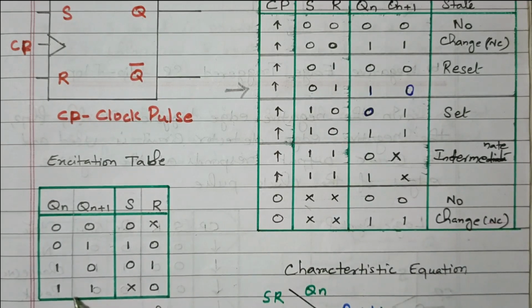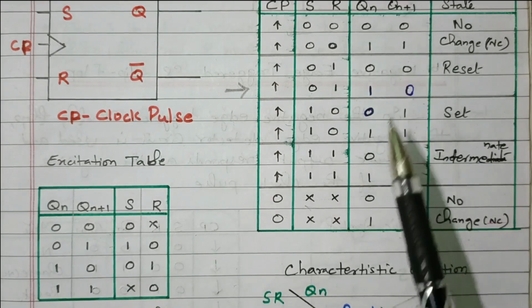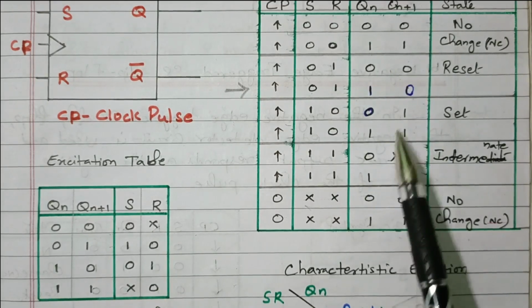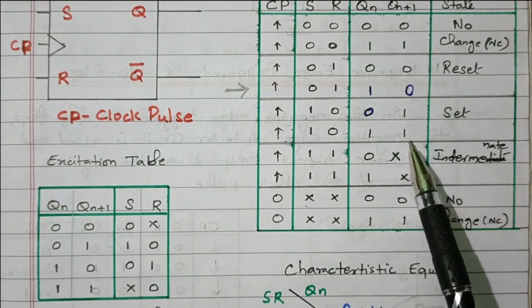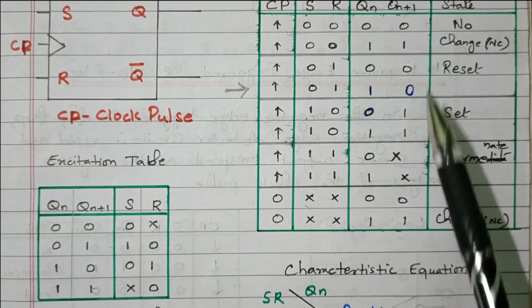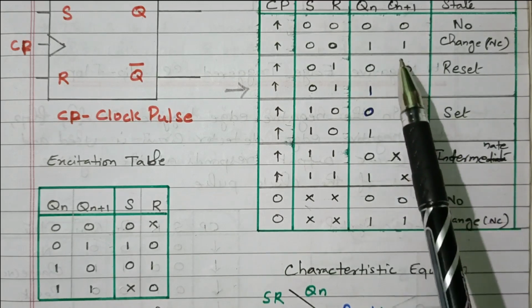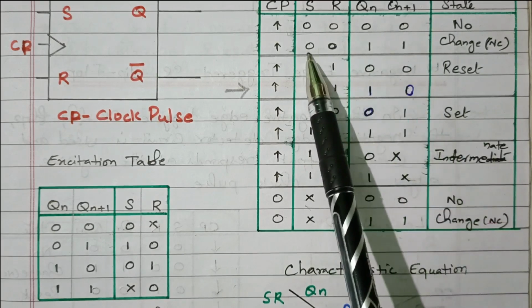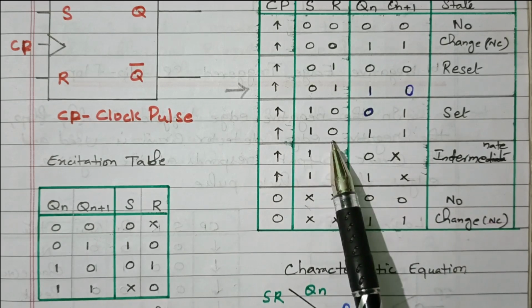Then 1, 1. Present state and next state are 1, 1. We have to check. Here is available 1, 1. Here one more 1, 1 is there. Two combinations, the second and the sixth. What is the corresponding input? S is 0, R is 0. Here S is 1, R is 0.